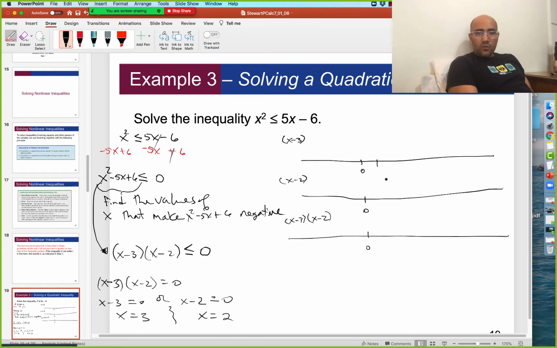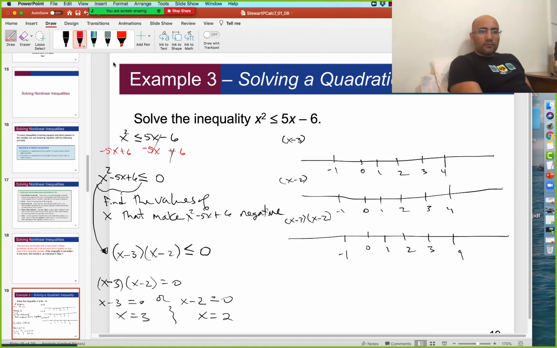And then this is 1, 2, 3, 4, and on the other side, negative 1, on each number line.